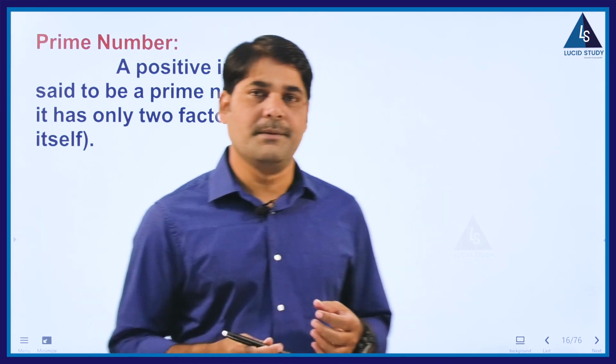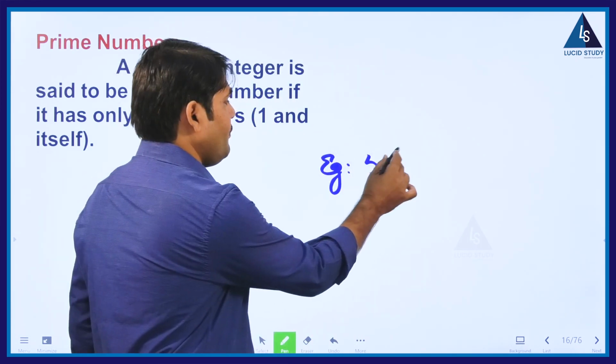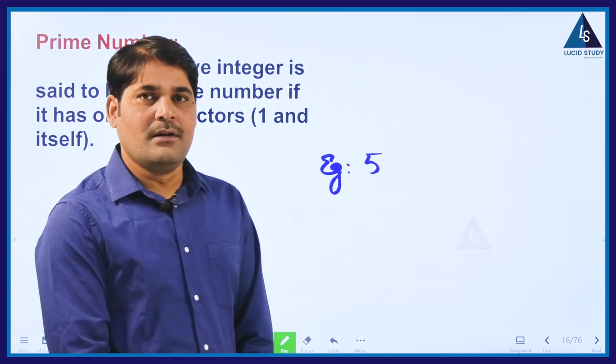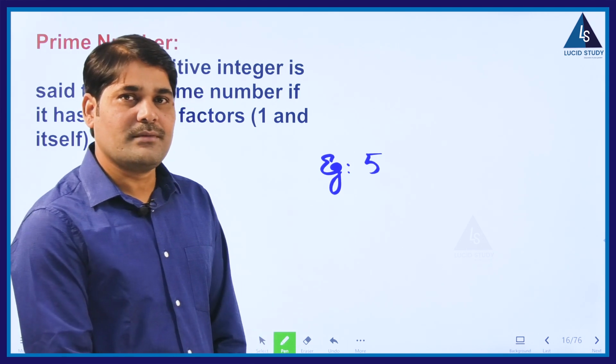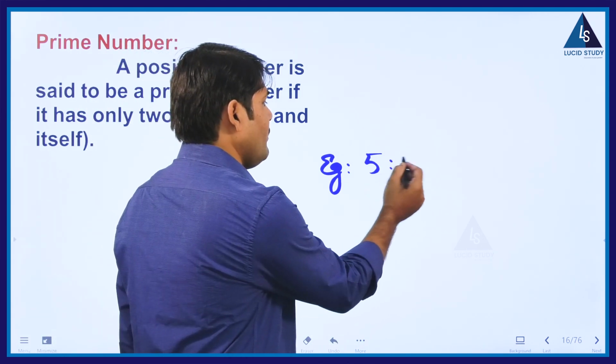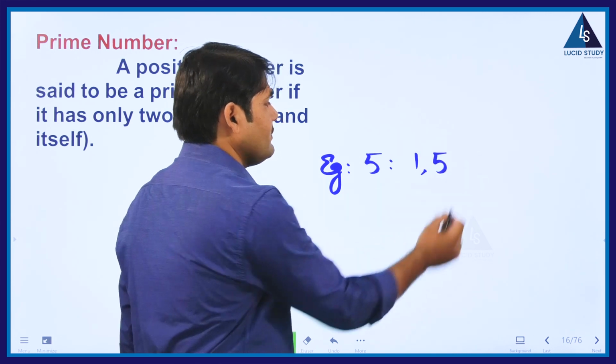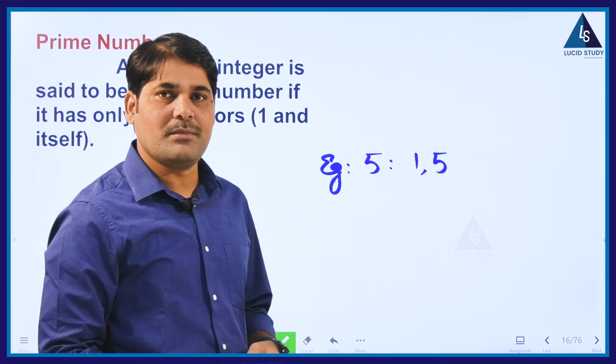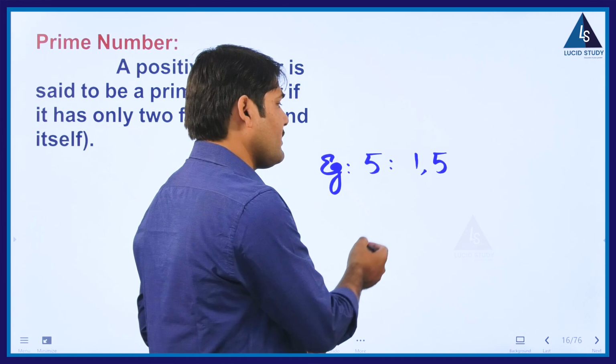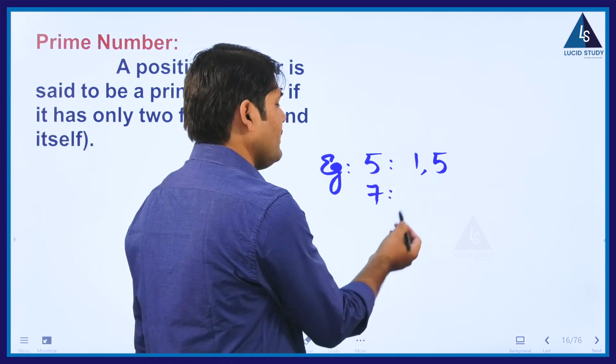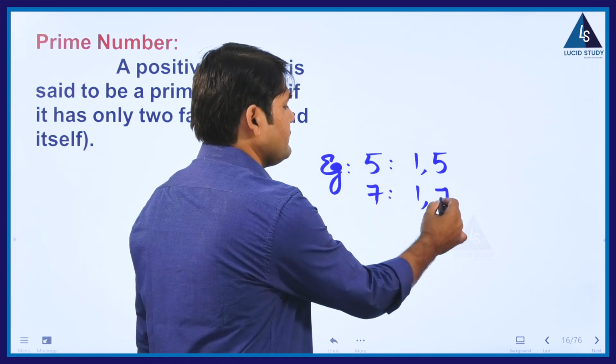I will write it. Examples: 5 is a prime number, because what are the factors of 5? 5 will come in one table as well as 5 table. So 5 is a prime number. Like this many prime numbers are there. 7 is a prime number, 1 and 7.